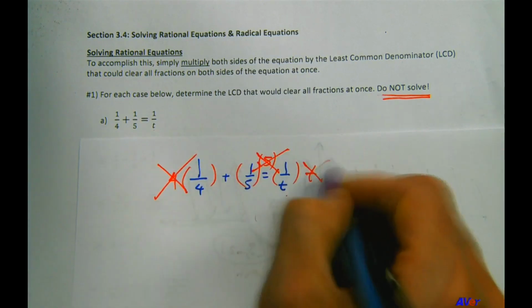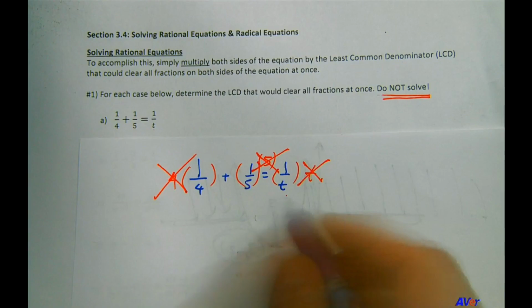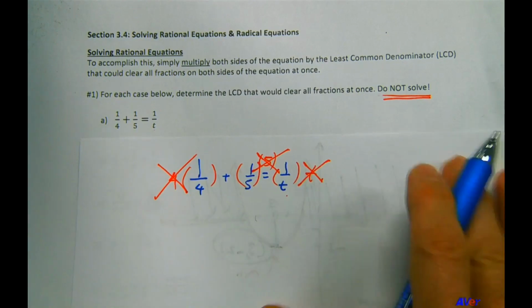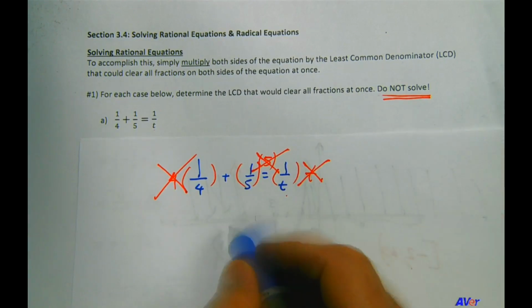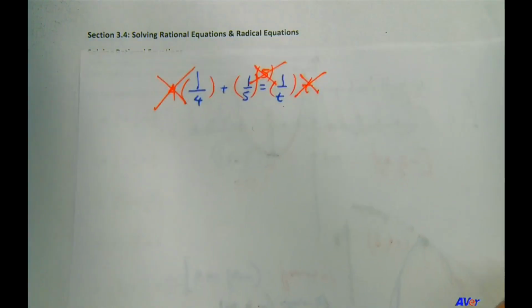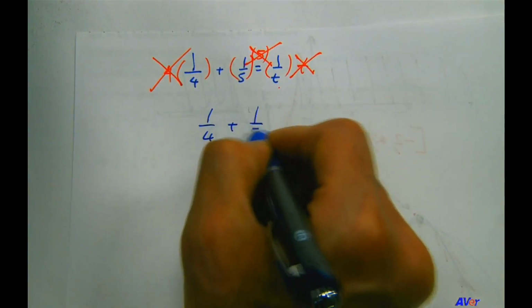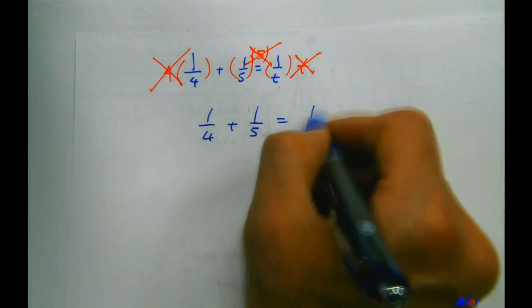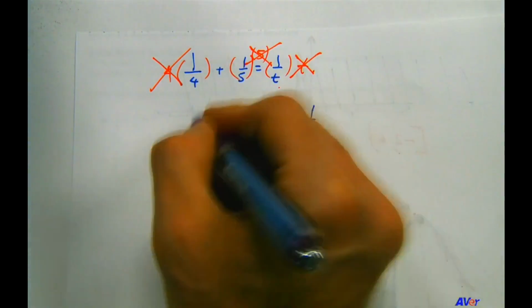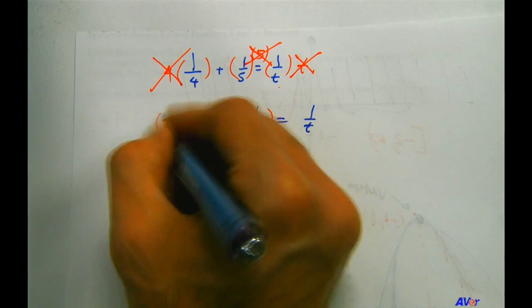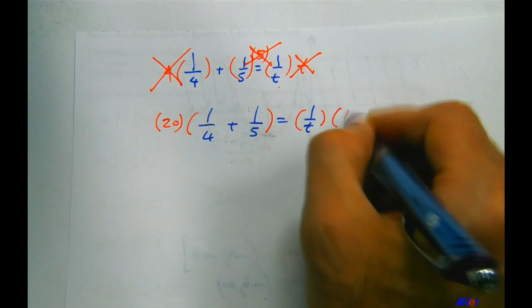We cannot do that. Another case I've seen, which is again an example of what not to do, is when someone has done this. Suppose that expression equals 1 over t, and this person says, okay, I'm going to multiply this side by 20, and I'm going to multiply this side by t.